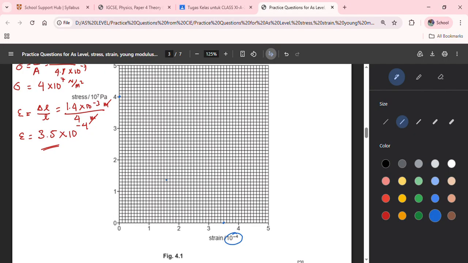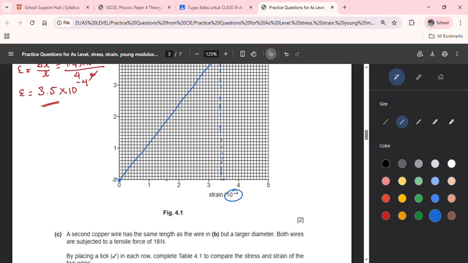So we are going to make a line from 3.5 to 4, such like this. If we extend the graph, the graph will be like this, from the origin to that point, like this.